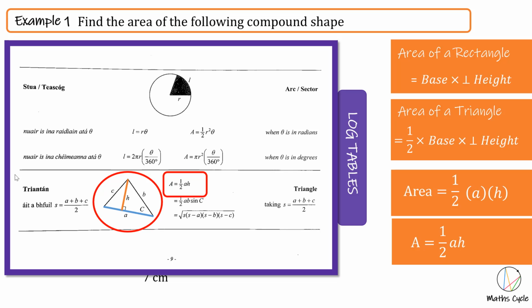Now, in your log tables, capital A is always used to represent area. So you can see here is your formula for the area of a triangle. Capital A equals a half ah. So the area of a triangle equals half the base by the perpendicular height.